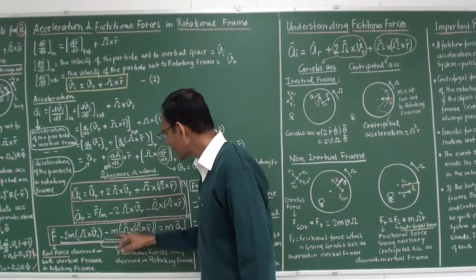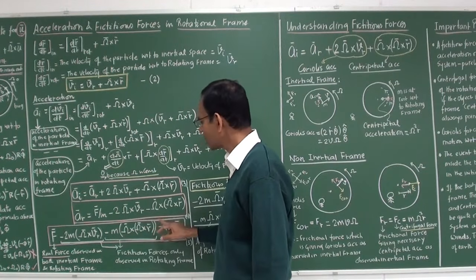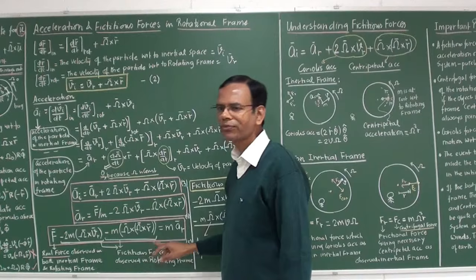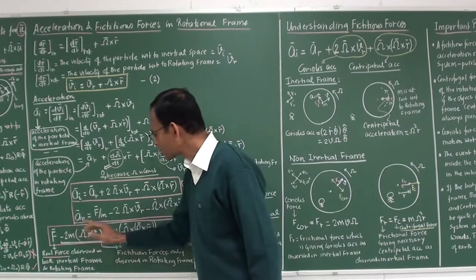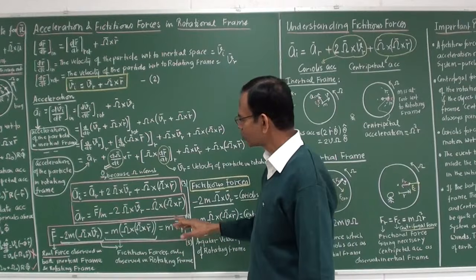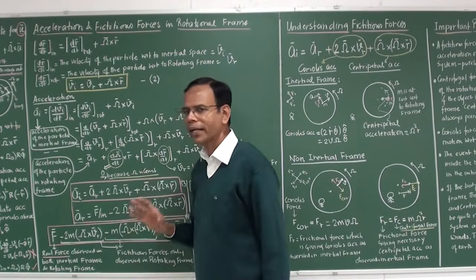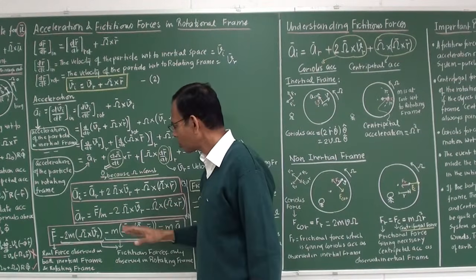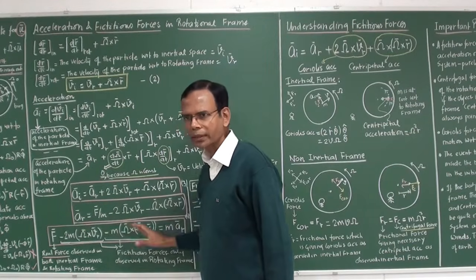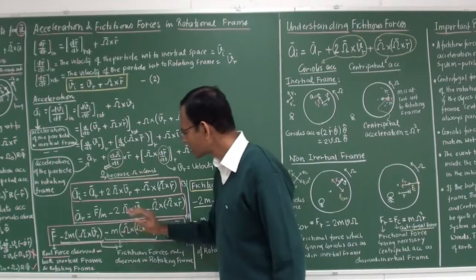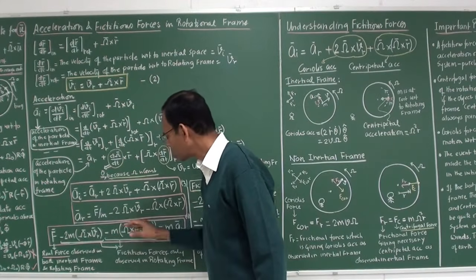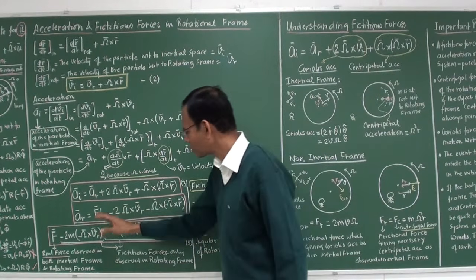And minus m omega cross omega cross R is the centrifugal force. These two forces, as you see, have dimensions of force, but they don't look like that. Though mass is there, the look is very different. We will discuss it.